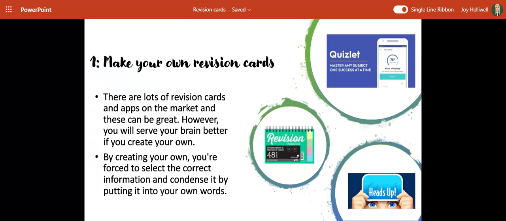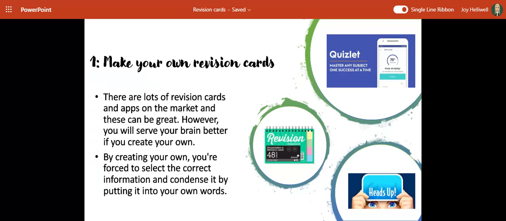So my first top tip is to make their own revision cards. So there's lots of different revision cards and apps on the market, and these are brilliant. However, for learners, it will definitely serve them better if they create their own. So apps like Heads Up and Quizlet are brilliant, and learners are able to create their own revision cards on these, and they've got a fantastic range of testing methods.